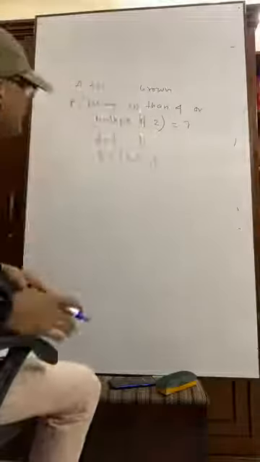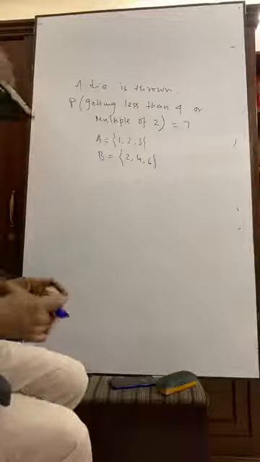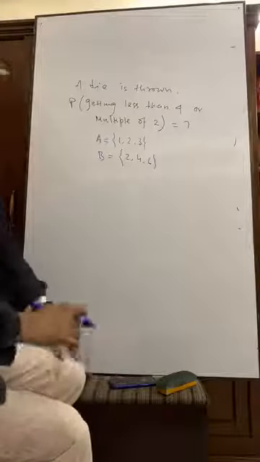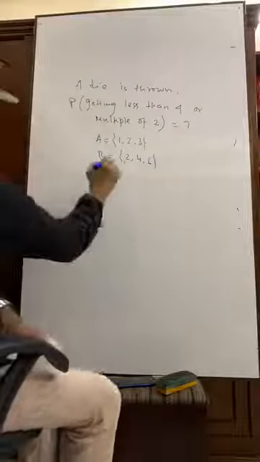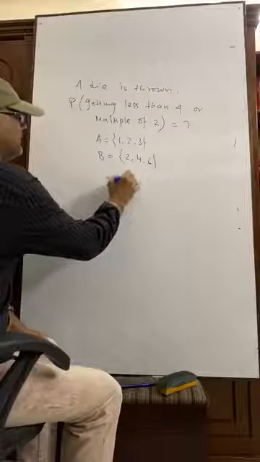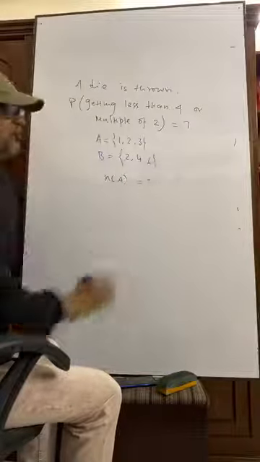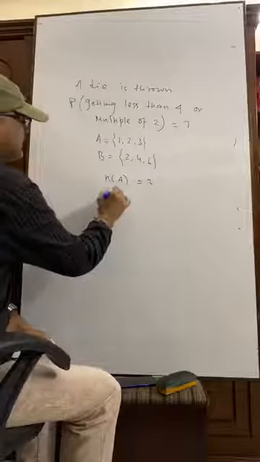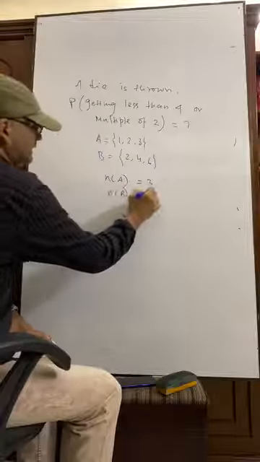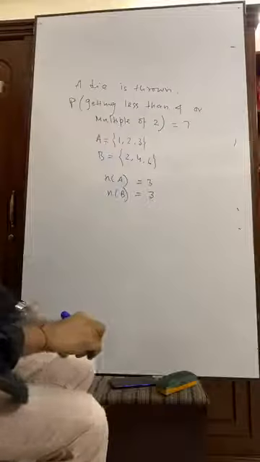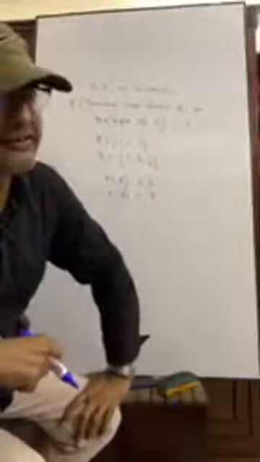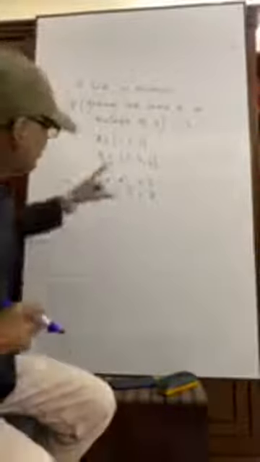Now can you tell me what will be the answer? Just wait. Here n of A equals to 3. Here n of B is also equal to 3. Is there any intersection? Yes. In this question we have intersection.